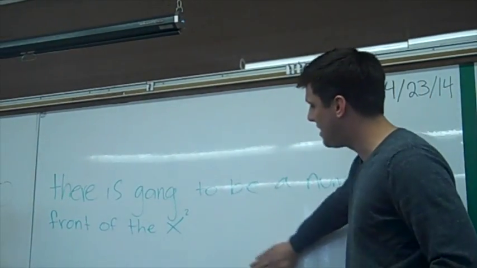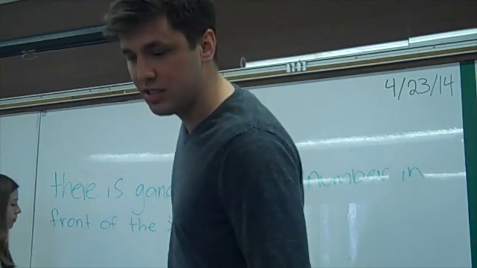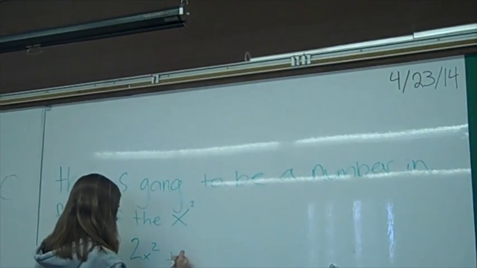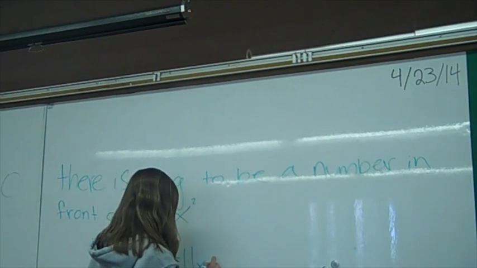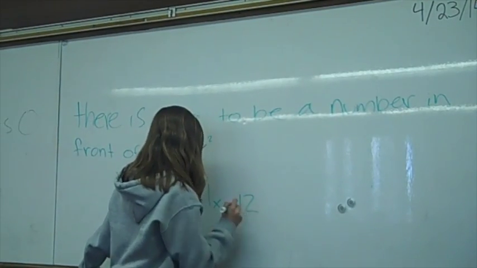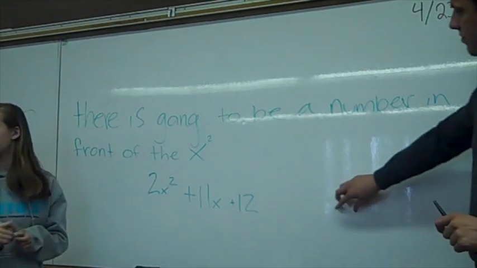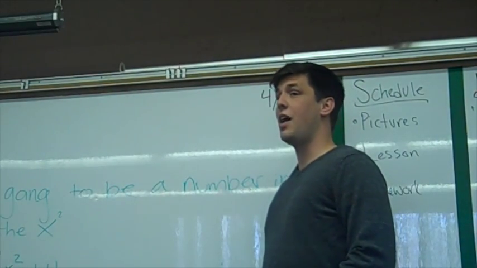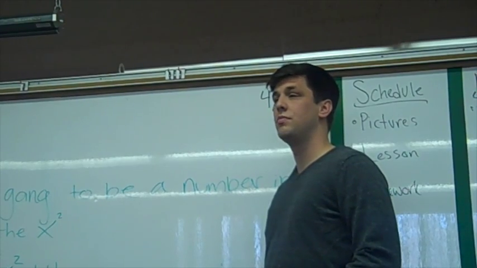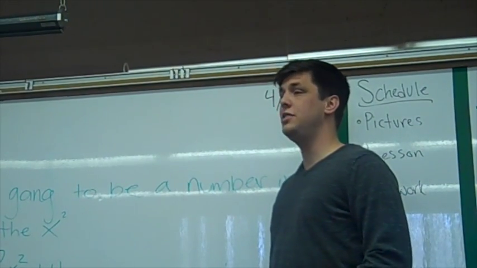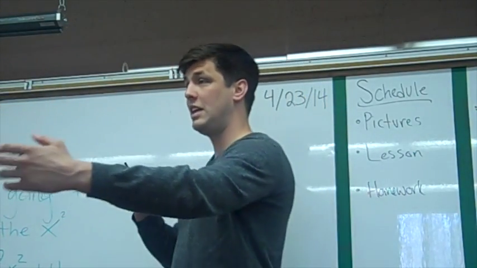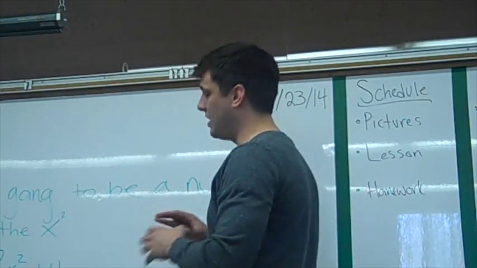I'm going to have you write the example right here, which is 2x squared plus 11x plus 12. Now, the way that you factored trinomials yesterday isn't going to work quite the same here.